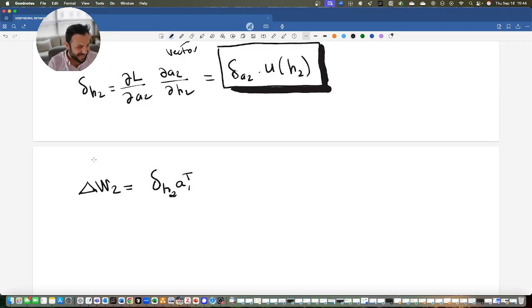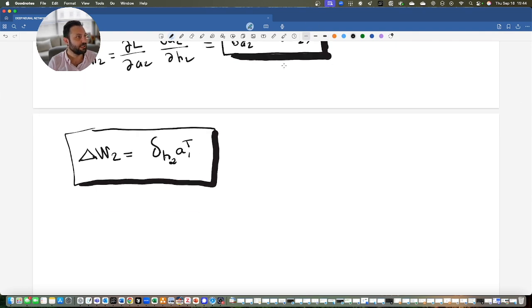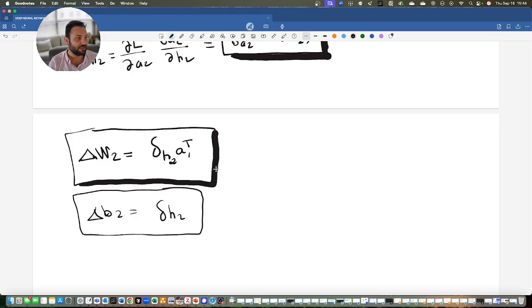Remember, it is exactly the same that we found for the output classification layer. And similarly, delta B2, which is the update for the bias, is whatever comes to it, right? That's why I am fixating on calculating the errors that come to the activations.